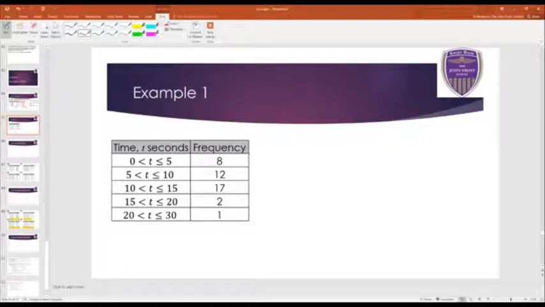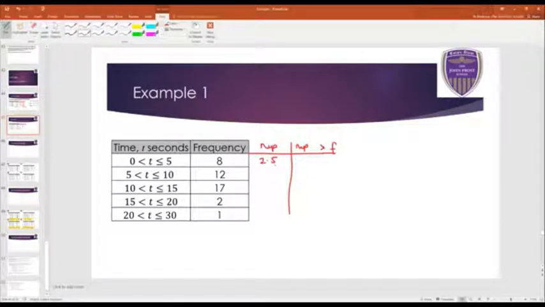The way we work this out is done in the same way, only there's more likely to be decimal answers. So we're still going to do the midpoint, and then the midpoint times the frequency afterwards. Use the same method that we used last time if you're unsure. The midpoint between 0 and 5, add them together and divide by 2, is 2.5.